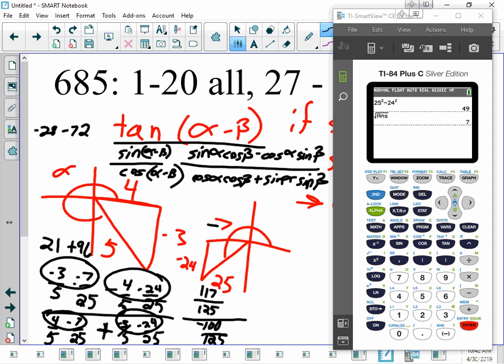Now what? You just do a Tom Hansen, you flip and times it. Just flip and times it. Which all that's going to do is delete the 125s, and I get 117 over negative 100. That would be the answer, I hope.